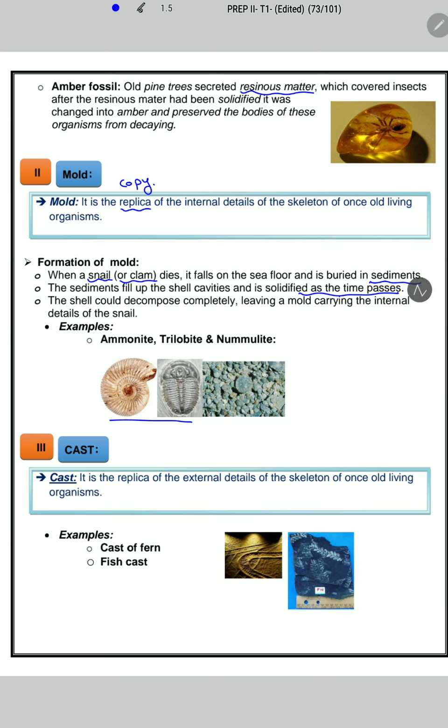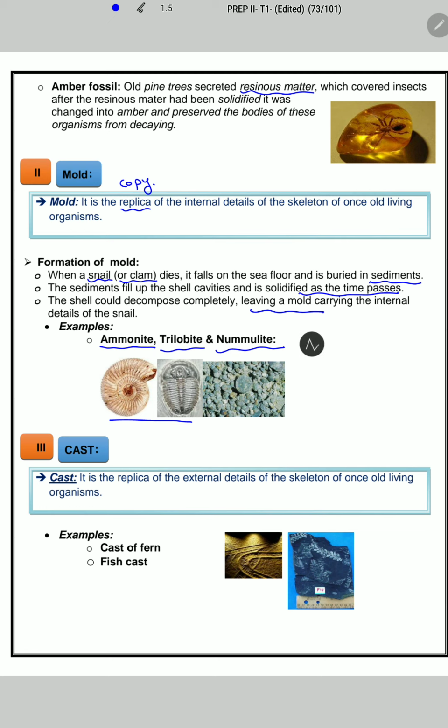After a while, the shell itself decomposes, leaving a mold. What does the mold mean? A copy of the internal details of the living organism, carrying the same internal details of the snail. We have three examples of the mold: ammonite, trilobite, and nummulites.